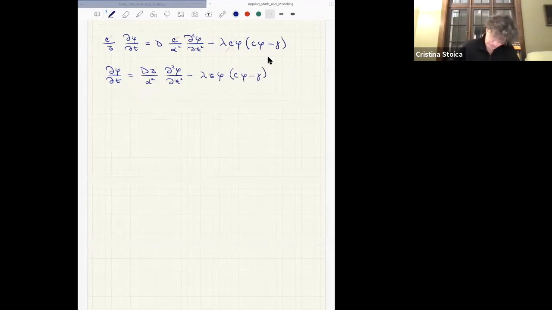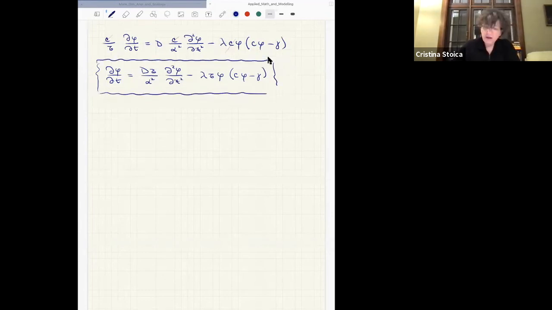Alrighty. So that's what is going on in the equation after we substituted the new non-dimensional quantities.